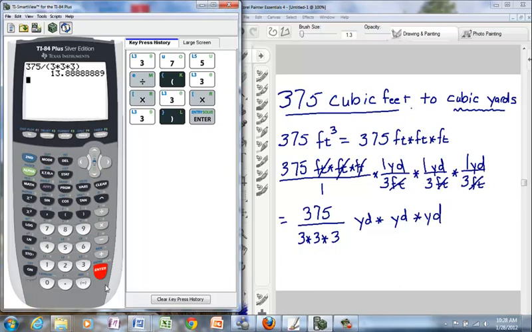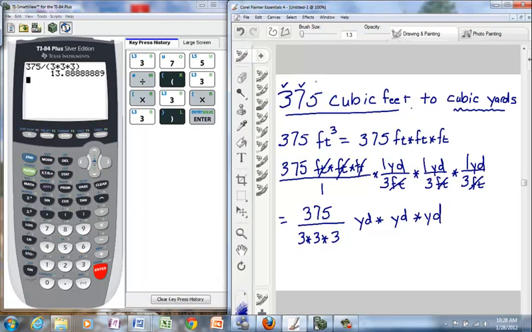Now remember, my starting measurement had 3 significant digits. So I'm going to round that answer off to 3 significant digits. Because the digit after the 8 is another 8, I'm going to round that 8 up to a 9. And I can write the answer as yards cubed or as cubic yards.